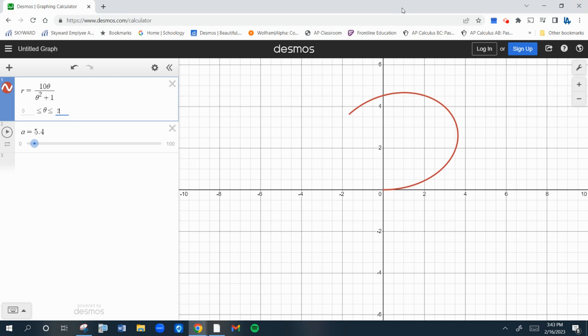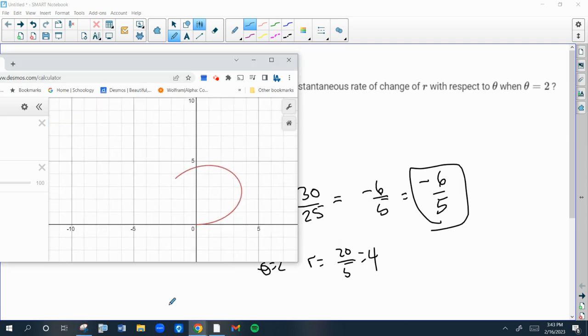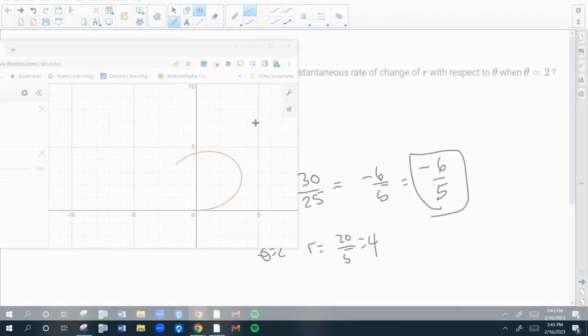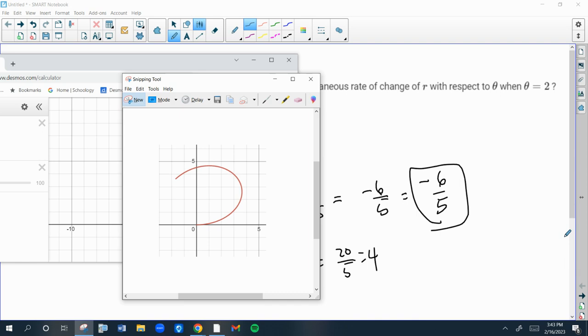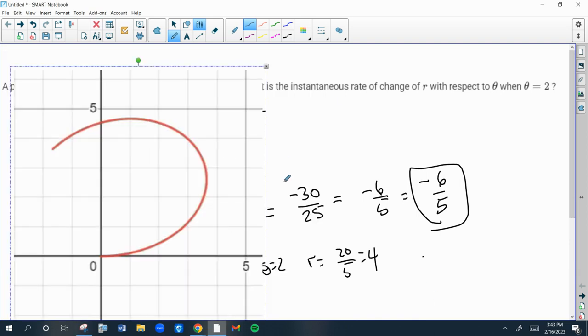So when you look at it, let me clip this so I can draw on it. Perfect. According to the graph, this is where r is 2.